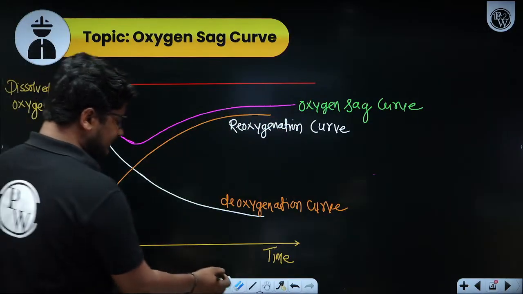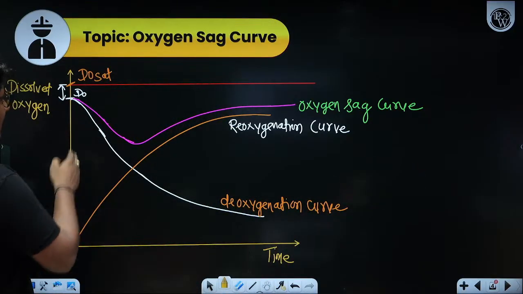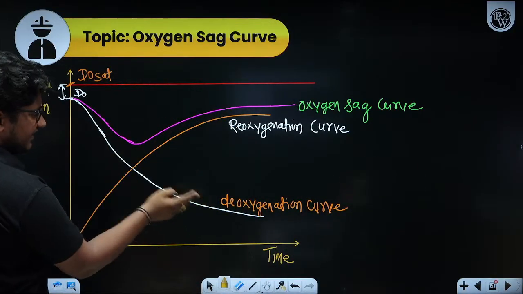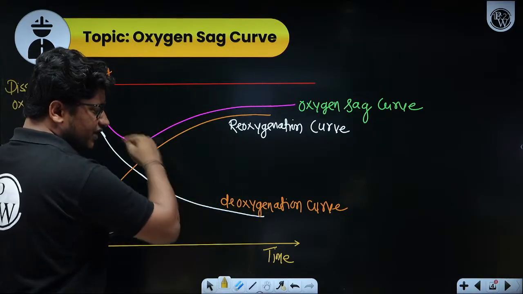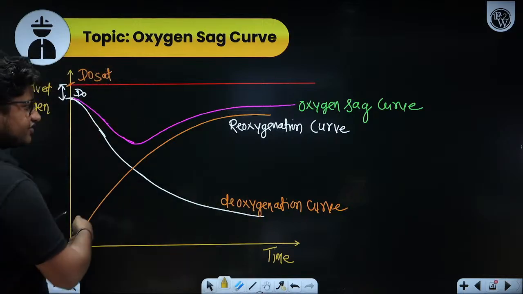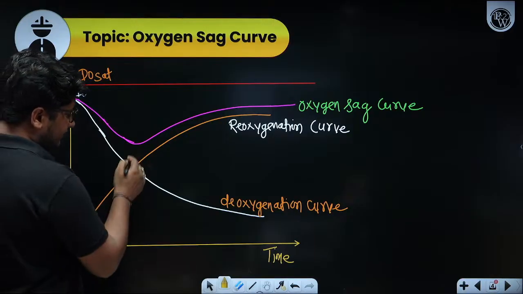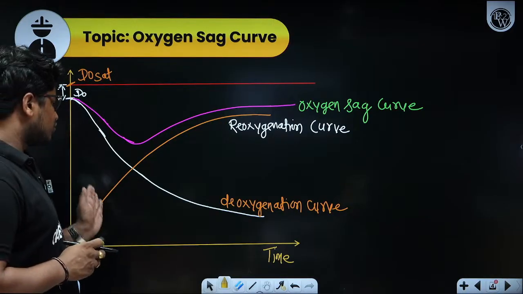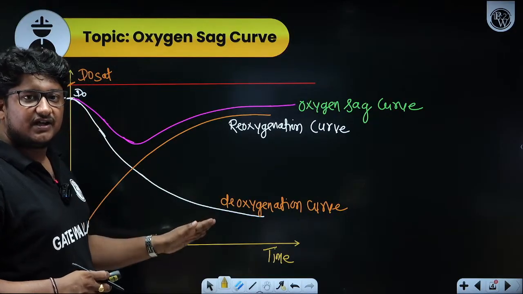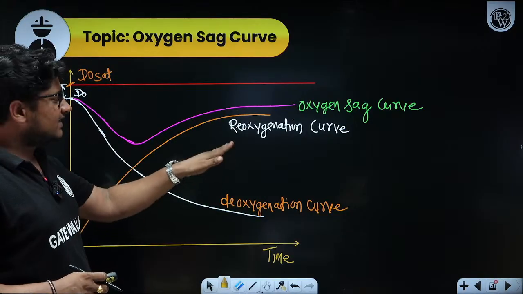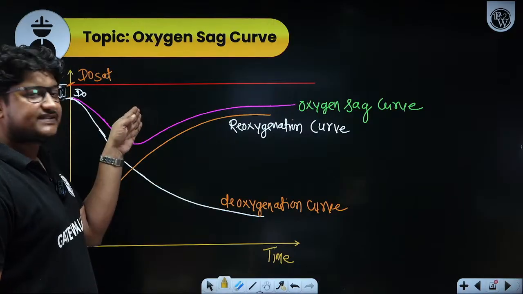Now in this Oxygen Sag Curve, if you notice the reoxygenation curve and the deoxygenation curve separately, the deoxygenation curve shows an exponential decrease. The reoxygenation curve shows an increase with time. As time progresses, the deoxygenation curve is dominated by the reoxygenation curve, and you can see that in the Oxygen Sag Curve also.